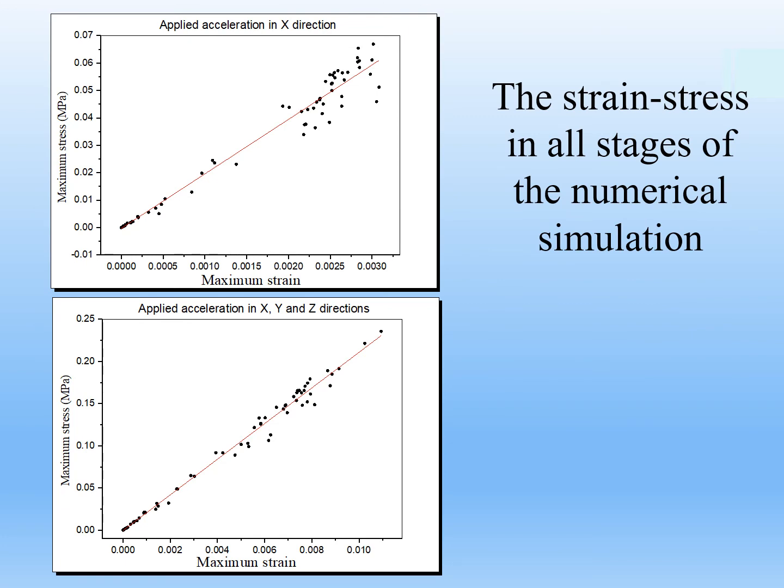The result of the linear regression analysis, strain stress in all stages of the numerical simulation. When seismic load is applied in X direction, it can be found the differential displacement is too high.